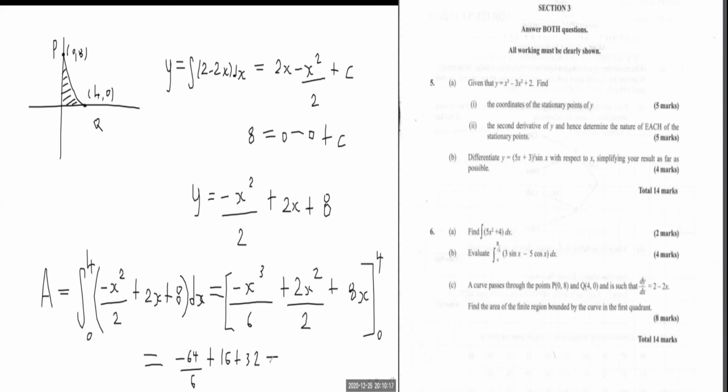So the area is 16 plus 32 minus 64 over 6, and I'm getting 112 over 3 units squared.